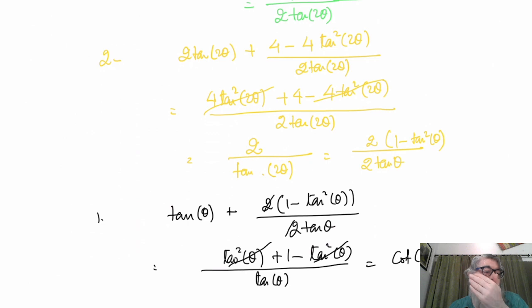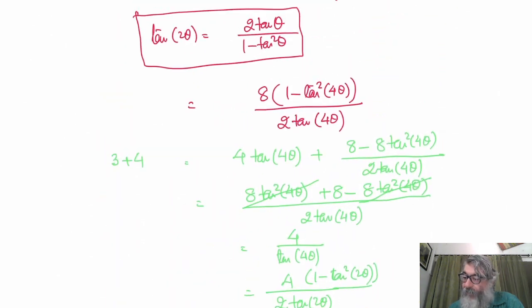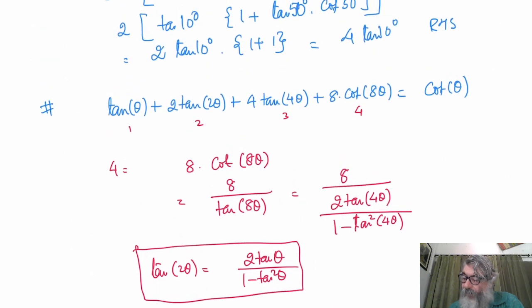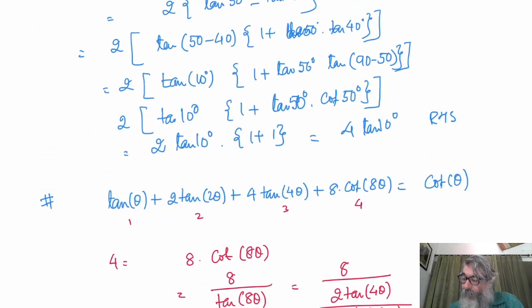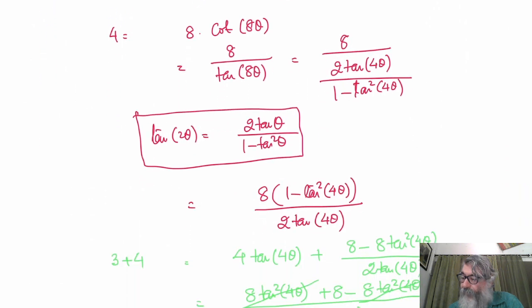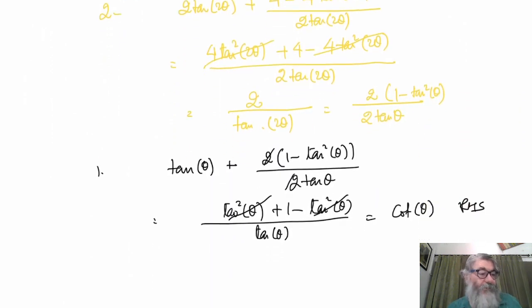If it is tan 8 theta, then it is 2 tan 4 theta upon 1 minus tan square 4 theta. This is all we have applied here, nothing else. We started from the last step and arrived at the right hand side.